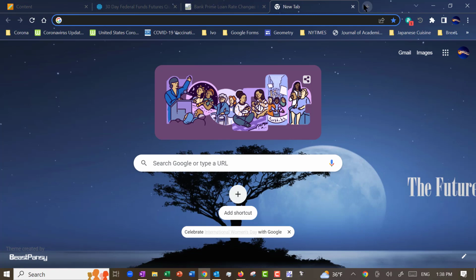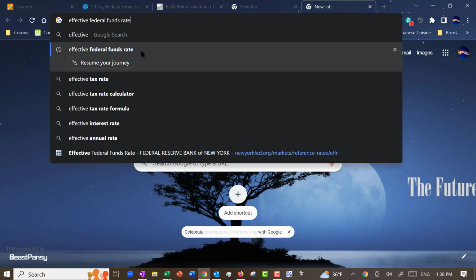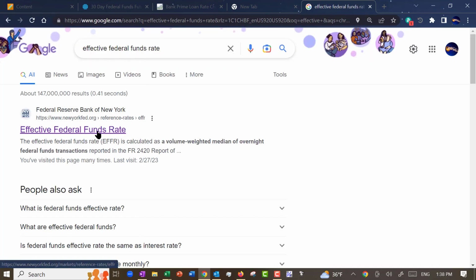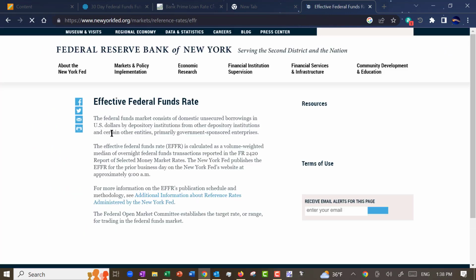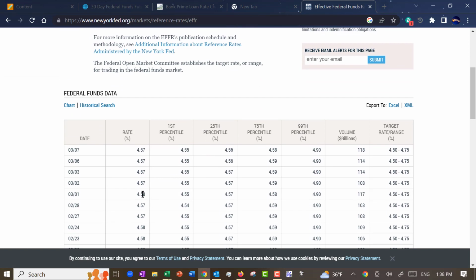Let's also look at the effective federal funds rate. This is the rate at which banks lend to each other overnight through the Fed window. Currently it is 4.57, 4.58.